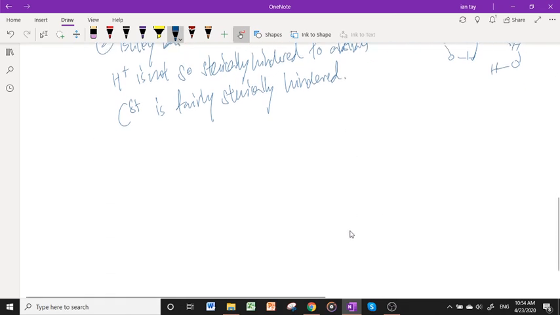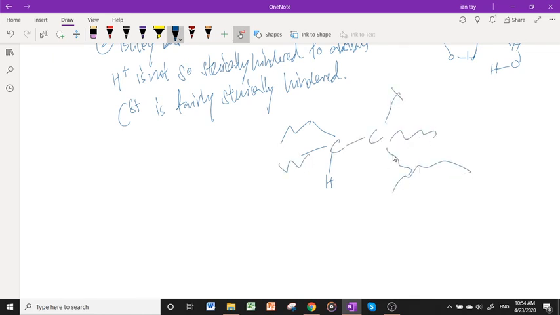A clear illustration would be this: this delta plus carbon is fairly hard to attack, more difficult than it is to abstract this hydrogen lying over here.